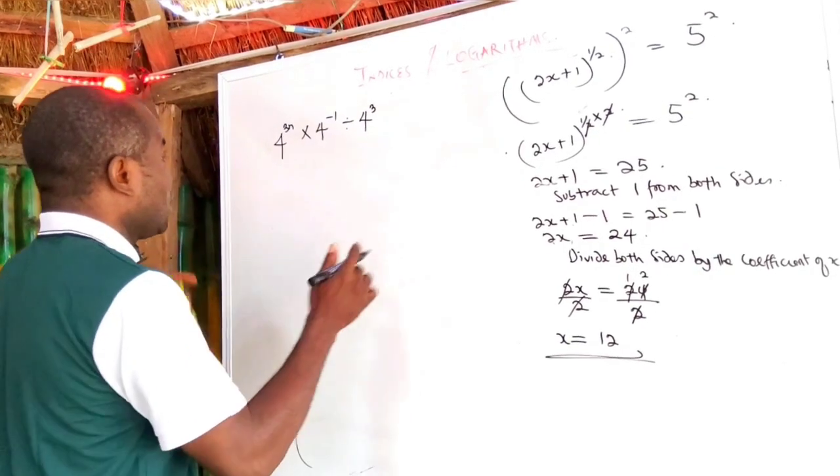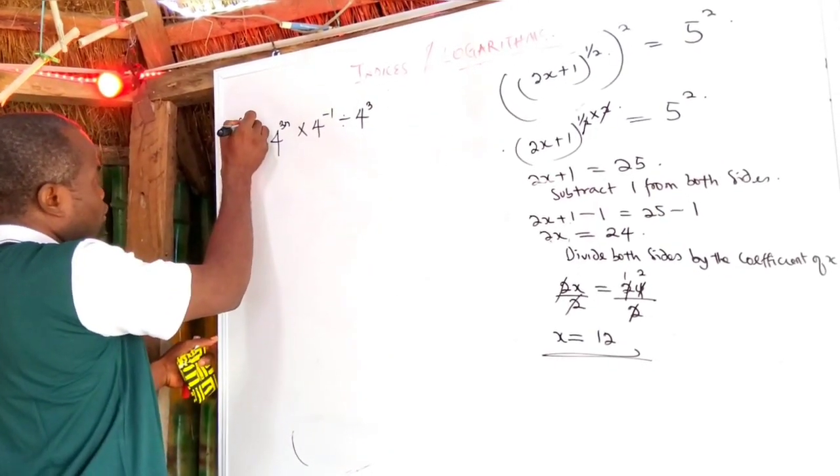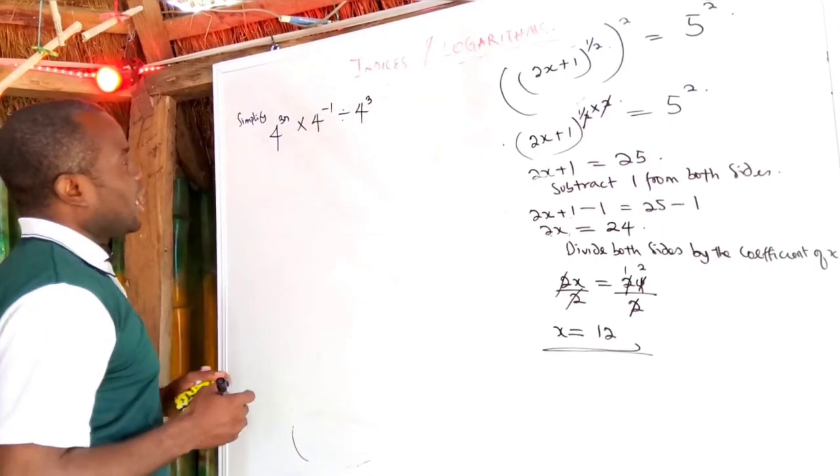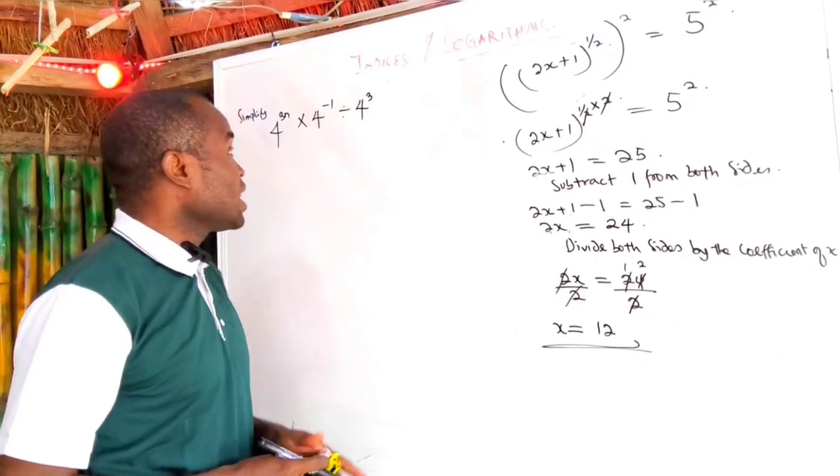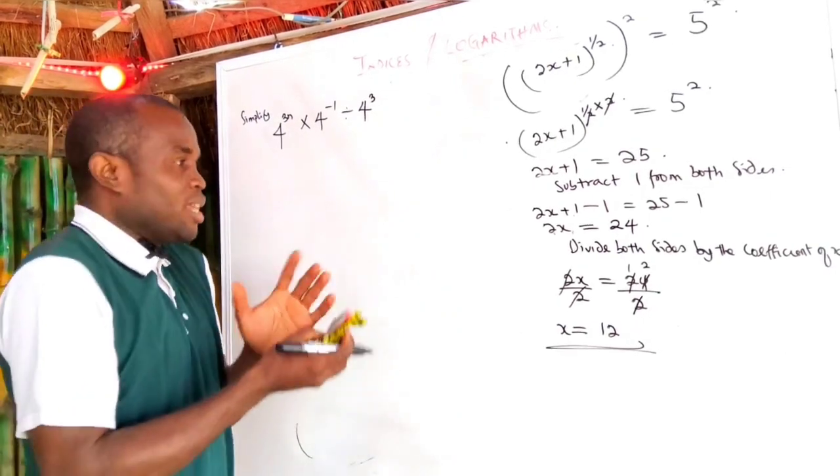So how do we go about this? We have been asked to just simplify this, not look for anything else. And what simplify simply means is to make it something simple, make it compact.